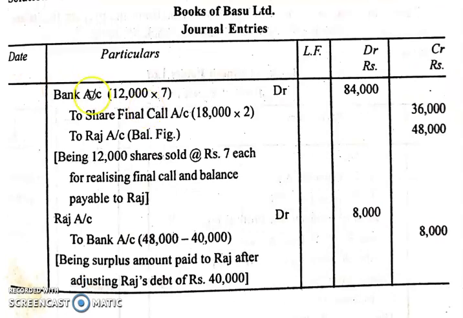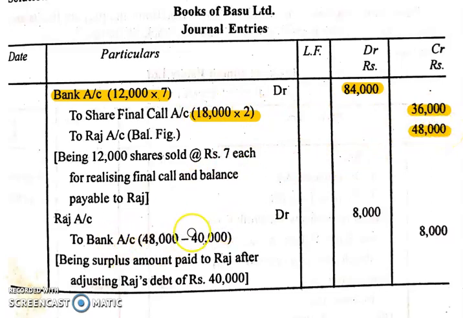So how does this entry go? They are selling 12,000 shares at 7 rupees for 84,000. The final call default, that is 36,000, they are taking, and the balancing figure is 48,000.